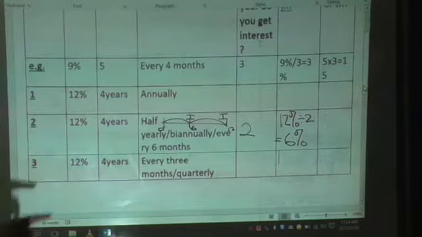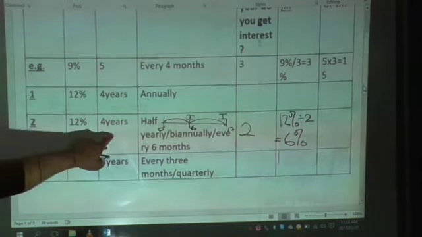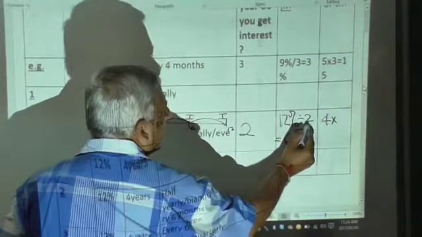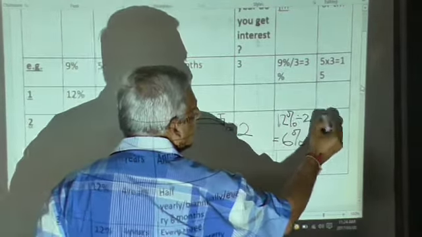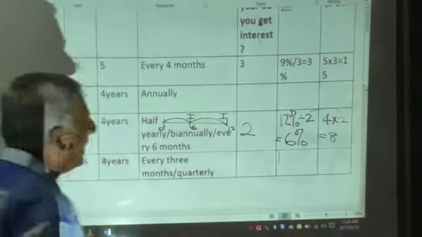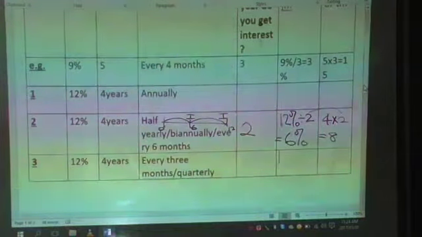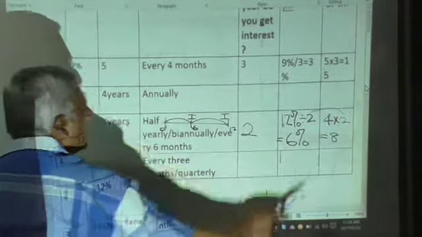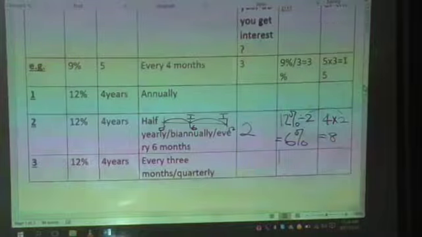Now you take the time. The time is 4 years. You multiply it by the same number, which is 2, and the final answer is 8. So when you substitute in the formula, you're going to use 6% and 8.